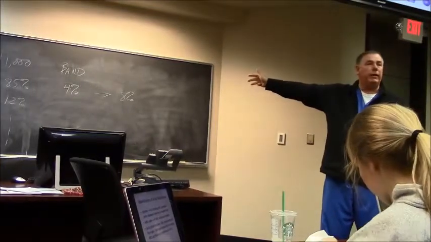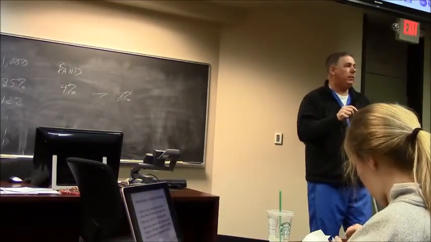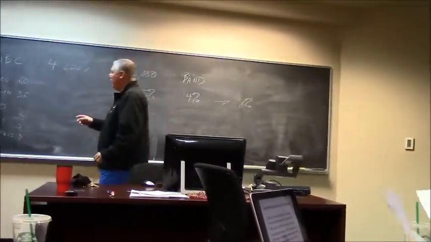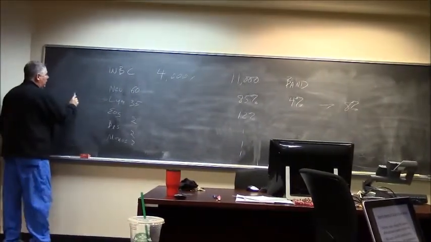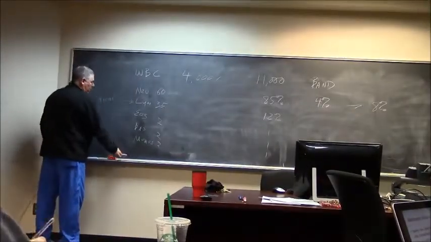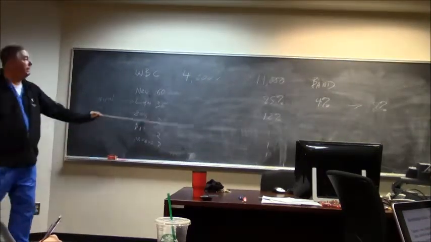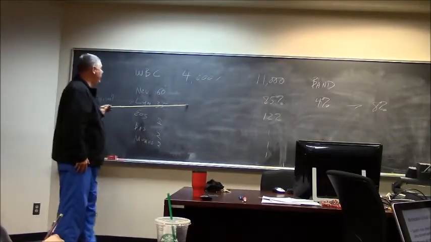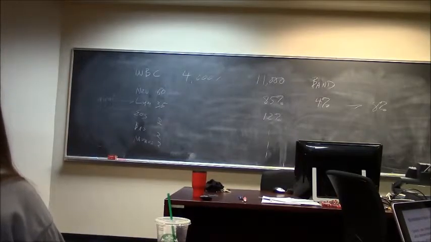Here's another one to consider. If you have a viral infection, the white blood cell count that predominates in viral infections are lymphocytes. So on the differential here, you might have, instead of 35% lymphocytes, you might have 60% lymphocytes.